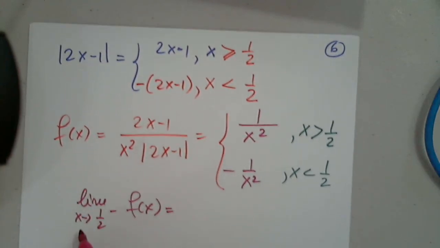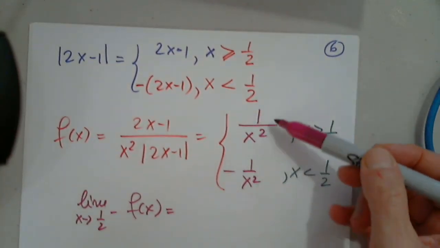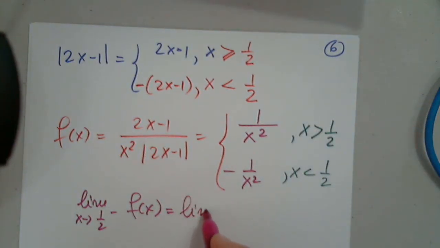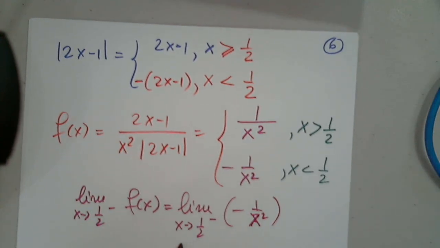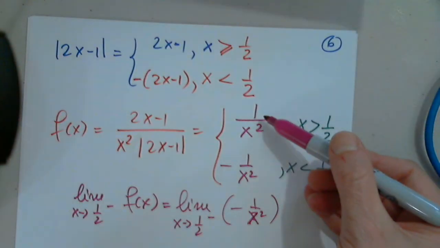Because this clearly states as x approaches 1/2 from the left. Which of these two will I copy in here? It would be the negative 1 over x squared. Awesome! Exactly. That's the one I copy because x is less than 1/2. If I had plus, I would have copied the top.